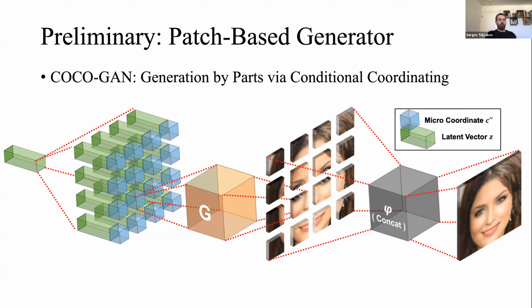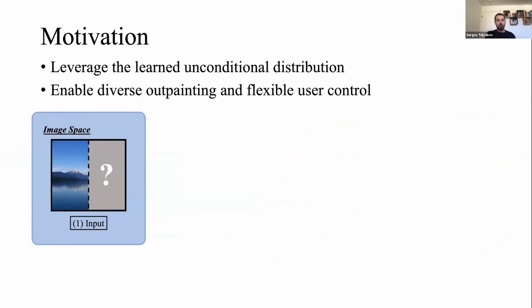So I think now we are ready to look into our method. We indeed would like to leverage the learned unconditional distribution of patches. And as we saw, the conditional distribution for such a problem might not be desired, and we want to have diverse outpaintings.